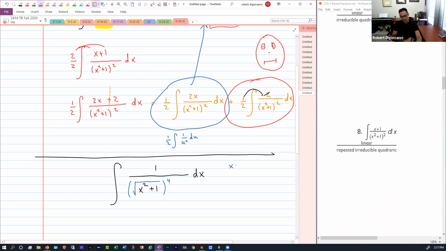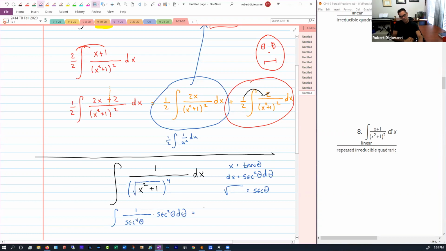I can do x equals, I would do a tan theta here. The dx would be secant squared theta d theta. And the square root part turns into secant theta. So this whole integral becomes 1 over the square root part to the 4th, and then dx, which is secant squared.